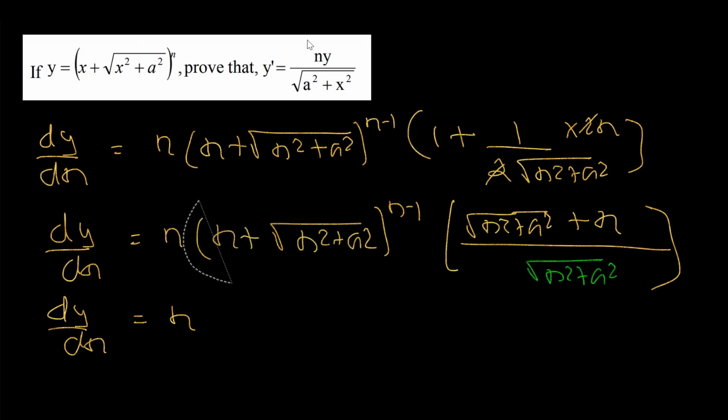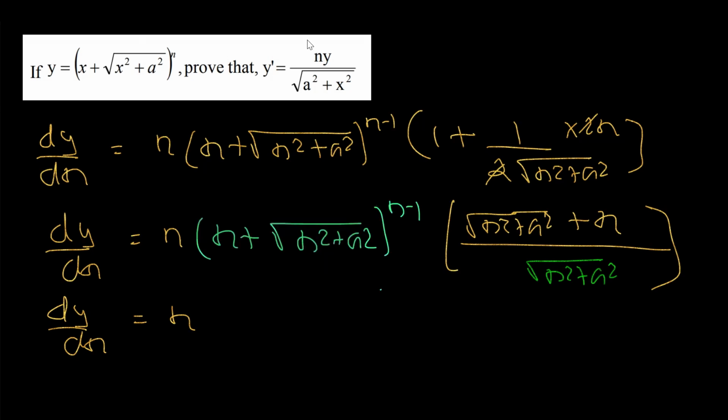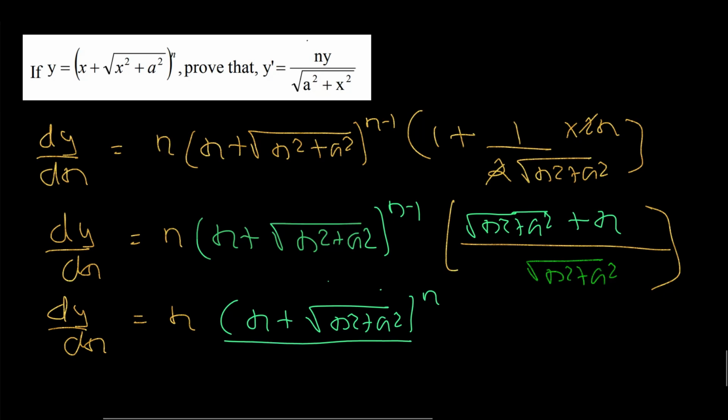Let me once again show you that we are going to simplify this and this. So we know that when same bases are multiplied, powers are added. So I can say that this is x plus under root x square plus a square, this plus 1 is n only, right? So power n. And then this whole divided by under root x square plus a square. Yeah, this is what we need.